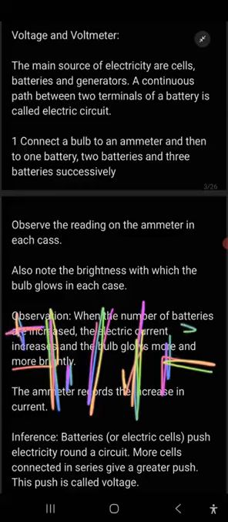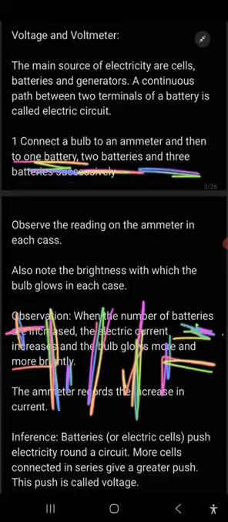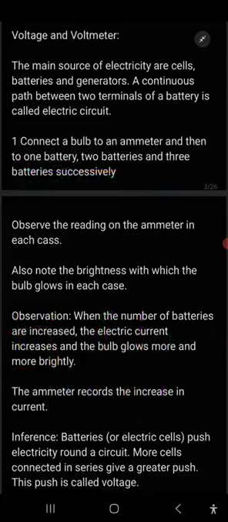I remember this. Then connect one battery, then two batteries, and then three batteries successively. One battery here, and then two batteries here. I'll show you manually.